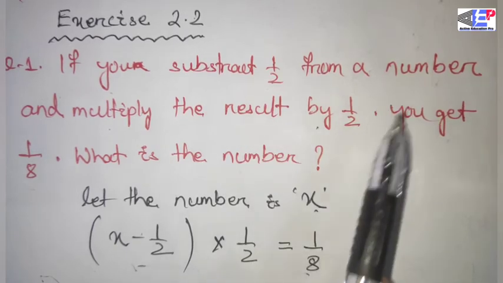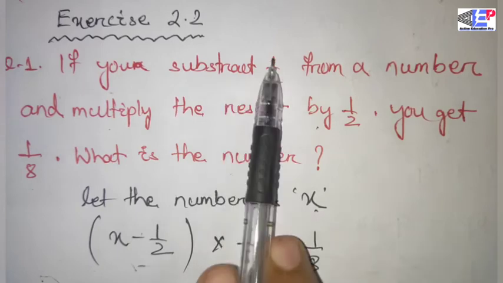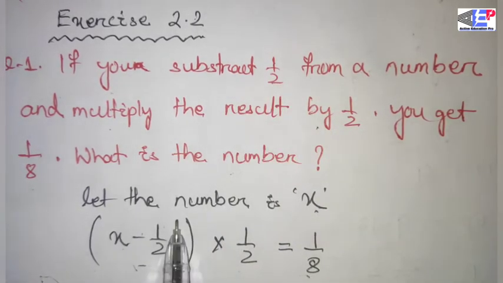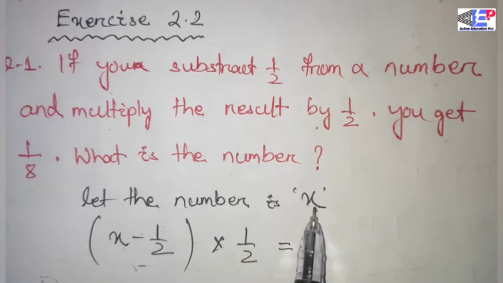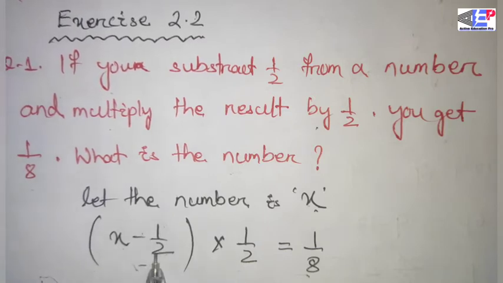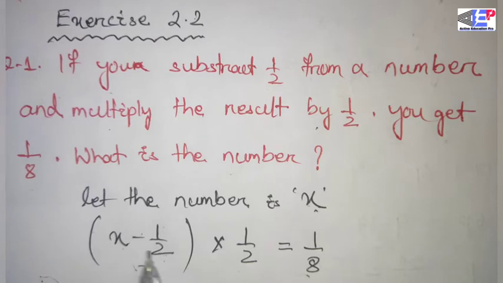Such a number, when you subtract 1 by 2 from a number, first subtract 1 by 2 from this number. Here the number is x. Yes, it is a variable, we can subtract it. The algebraic expression is x minus 1 by 2, that is 1 by 2 subtracted from x. x is a term, 1 by 2 is another term, and these are not like terms.